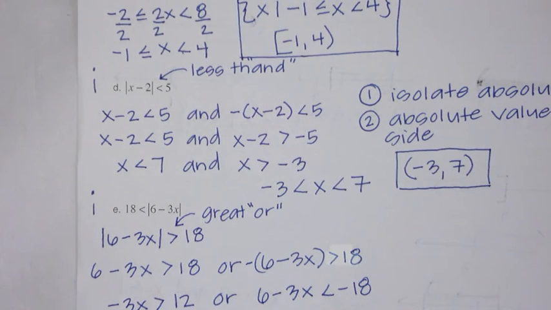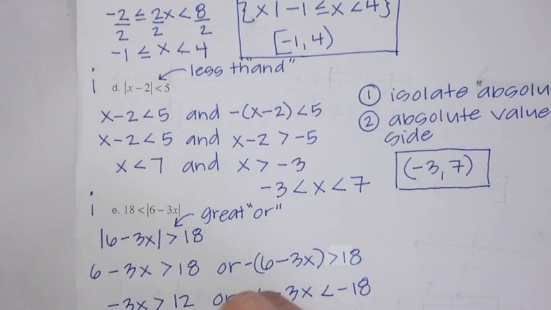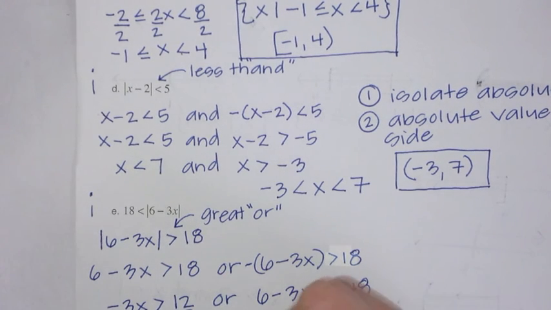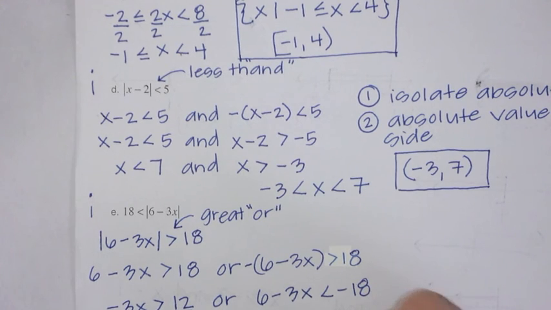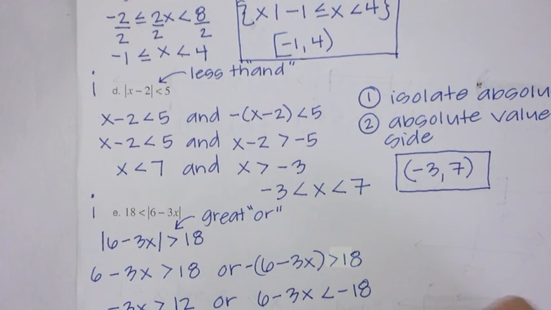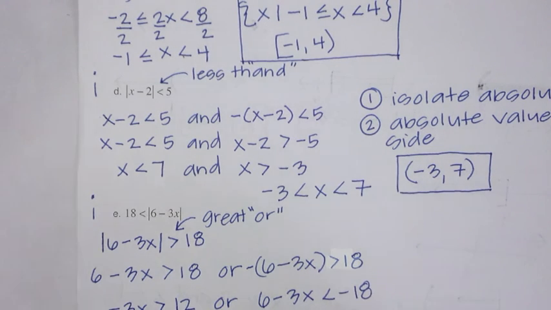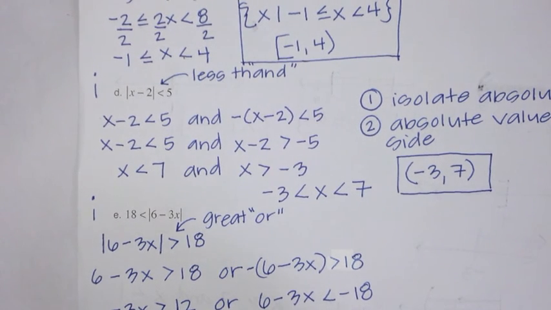So this would be x is less than negative 4 because I'm dividing by that negative 3. And then when I keep doing the math on this one, I get x is greater than 8. So my statement: x is less than negative 4, or x is greater than 8.